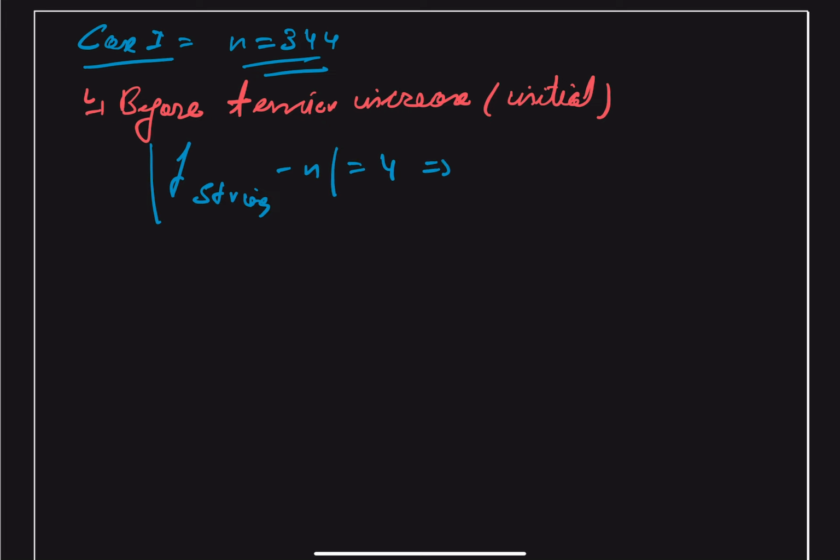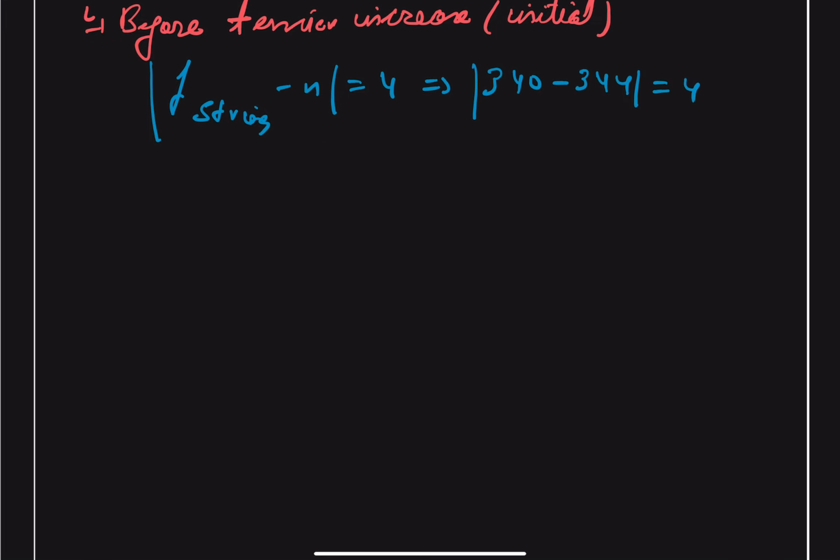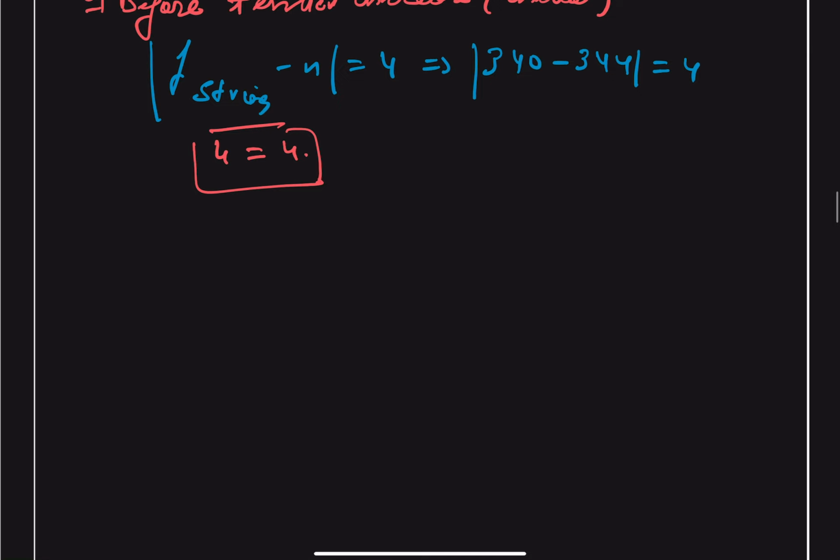We already know the value of F string, which is 340. The value of n is 344. This should be equal to 4. So if you solve it, left becomes equal to right. Therefore, we can say this is consistent.